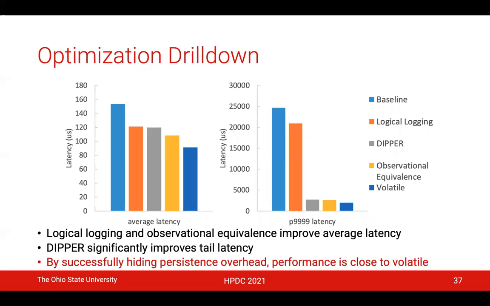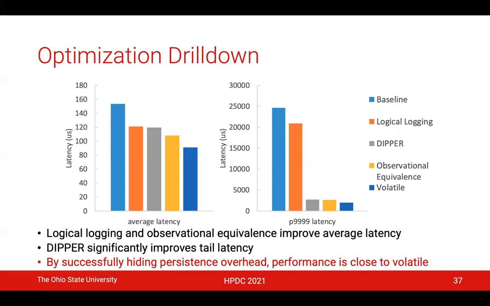Next, we performed an optimization drill down to understand the impact of different proposed optimizations. So we started with a baseline implementation that uses an uncached design with physical logging and added optimizations one by one, finally comparing performance with the volatile implementation, which gives us the theoretical peak performance.